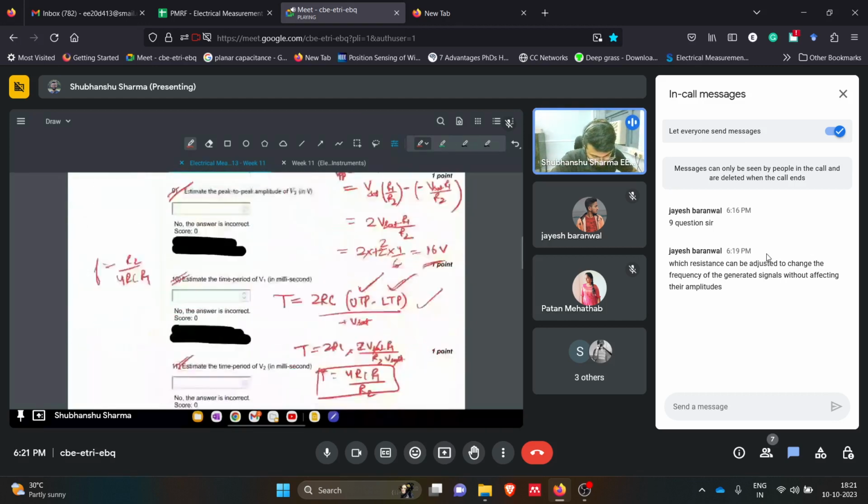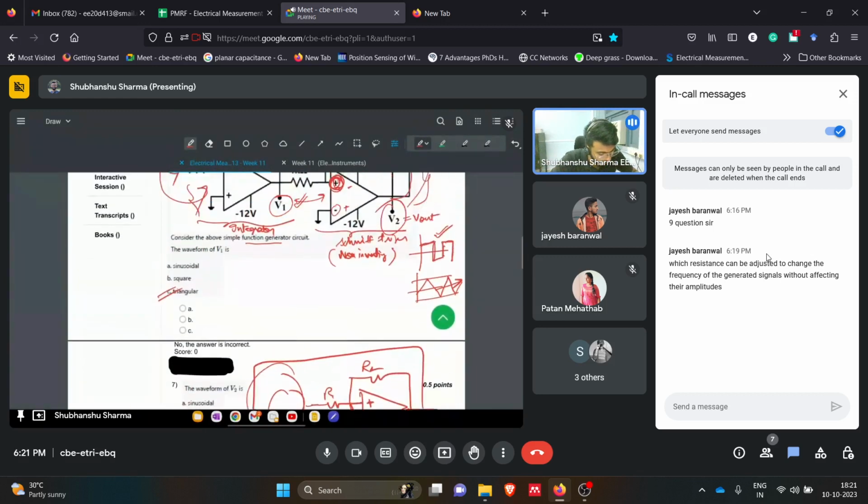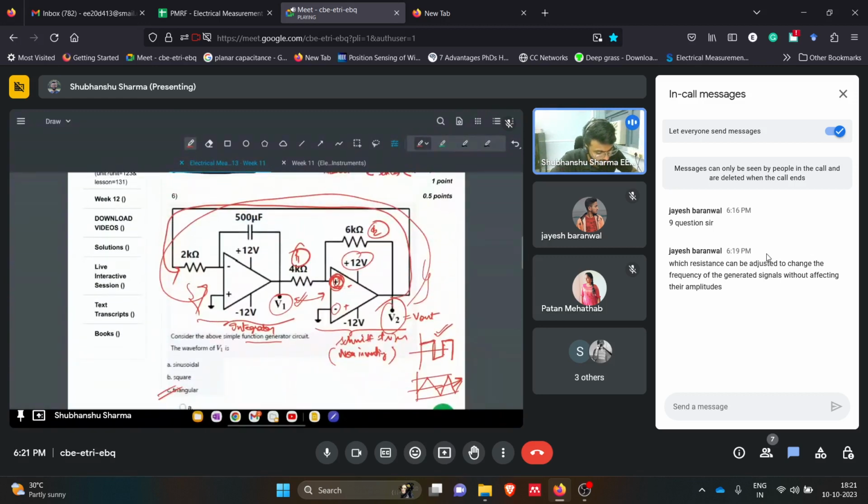So if we see, whether anyway this is in saturation mode, so this will be giving the saturation output. Even if we change this or this, it will change the frequency. But since this is being driven in the saturation mode, it will always give either plus 12 or minus 12.